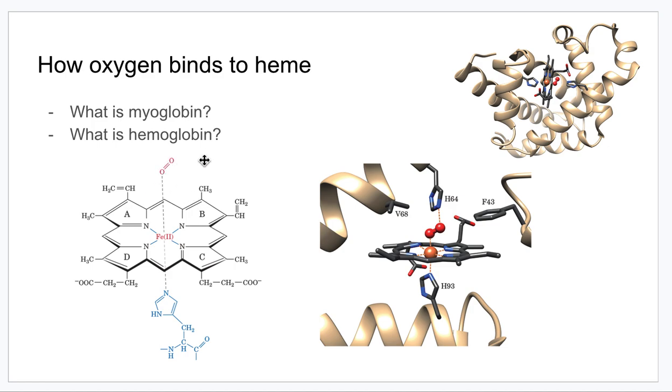So as oxygen, O2, comes into contact with heme, it is able to bind to the iron, which is stabilized by the amino acids around it, allowing it to enter through the iron and also release from the iron, as it is stabilized in this myoglobin.